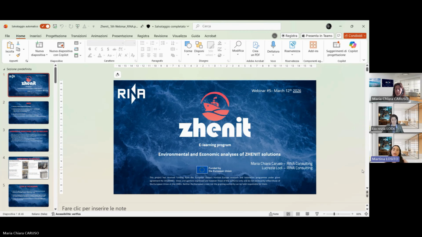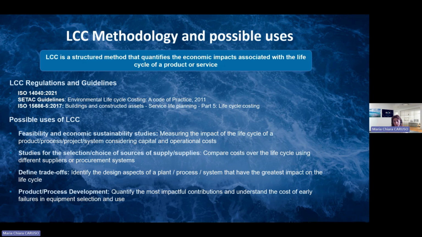Now, regarding the life cycle costing methodology, this is also a structured method that quantifies the economic impacts associated with the life cycle of a product or service. It is regulated again by ISO 14040, but also by the SETAC guidelines and ISO 15686.